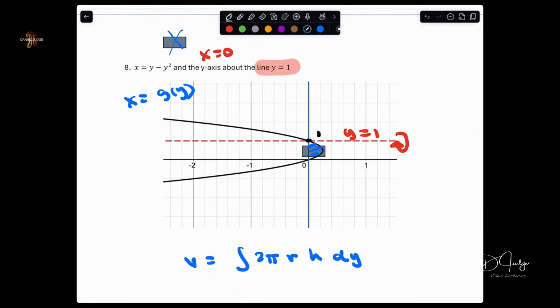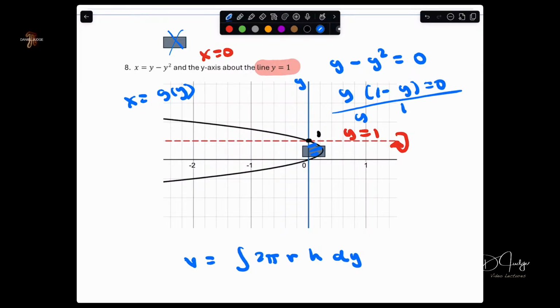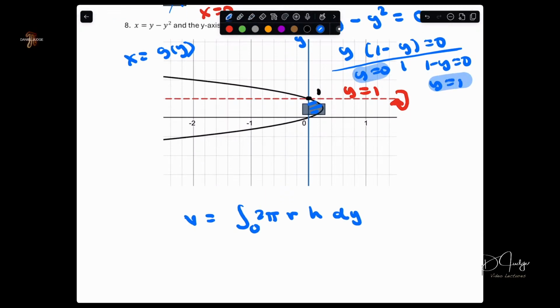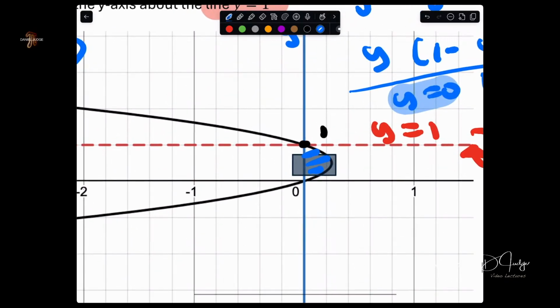And we can find the intercepts. We set x equal to 0, meaning y minus y squared is 0. And that's the y-intercept, by the way, because this is the y-axis here. So y times (1 minus y) is 0. Y is 0, or 1 minus y is 0, so y is 1. Sure enough, we get the y-intercepts by letting x be 0. And so we're integrating from 0 to 1. So this is the bounded region here in blue.